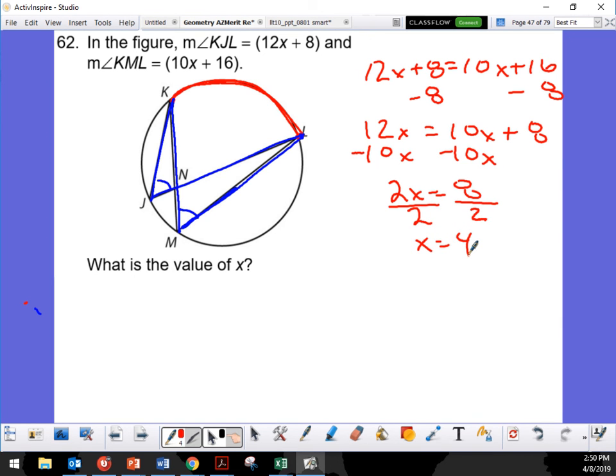X is 4. You ready? Some people are still trying to write it down.